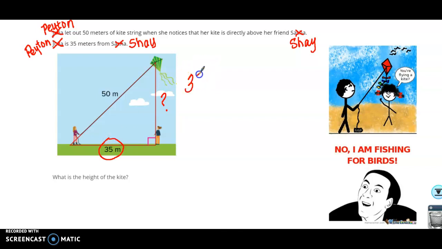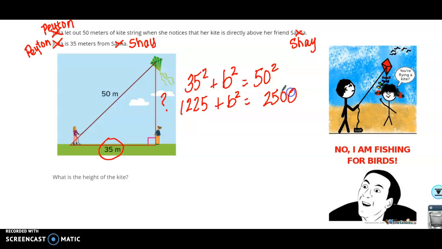So we're going to go 35 squared plus whatever, we'll call it b squared, equals 50 squared. All right. Well, 35 squared is 1225 plus b squared equals 2500. Okay.